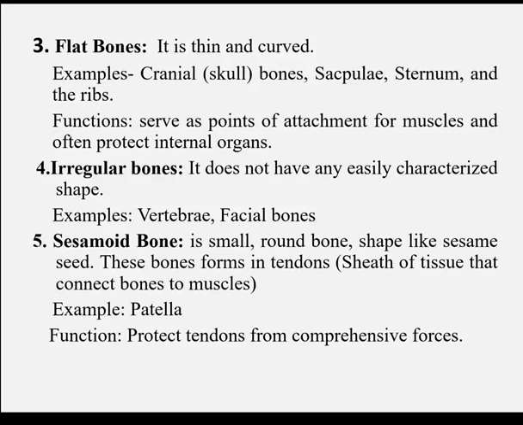It is a small and round bone shaped like a sesame seed, that's why it is called a sesamoid bone. These bones form in tendons. Tendons are sheaths of tissue that connect bones to the muscles. An example of sesamoid bone is patella. Its function is to protect tendons from compressive forces.